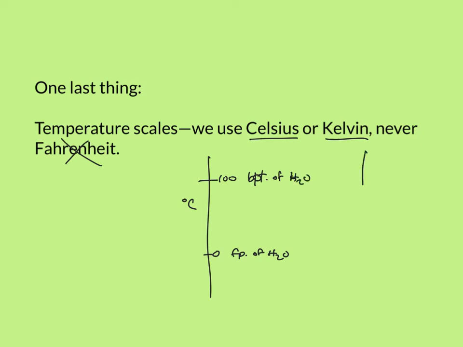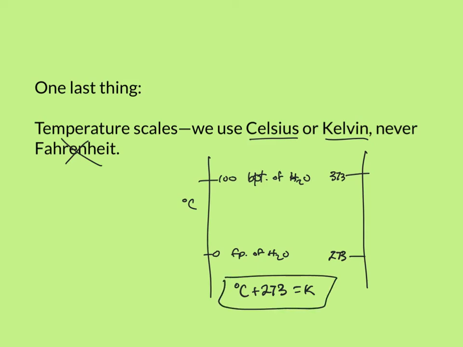The Kelvin scale also has these same two reference points, but the numbers are skewed by 273. So the freezing point of water in Kelvin is 273, and the boiling point is 373. This is the conversion between those two temperature scales. Notice one small detail here.